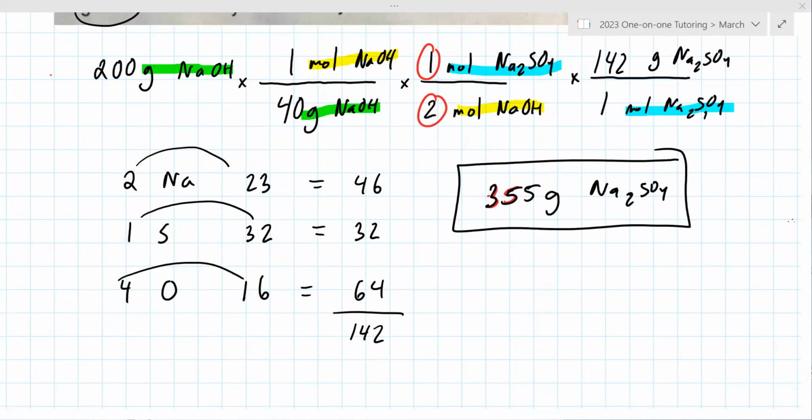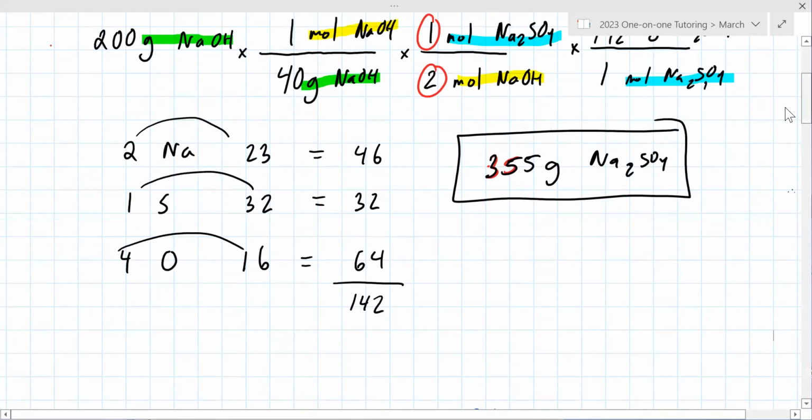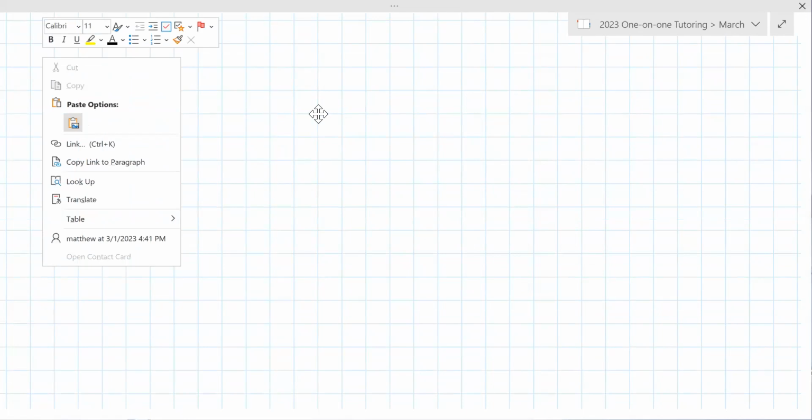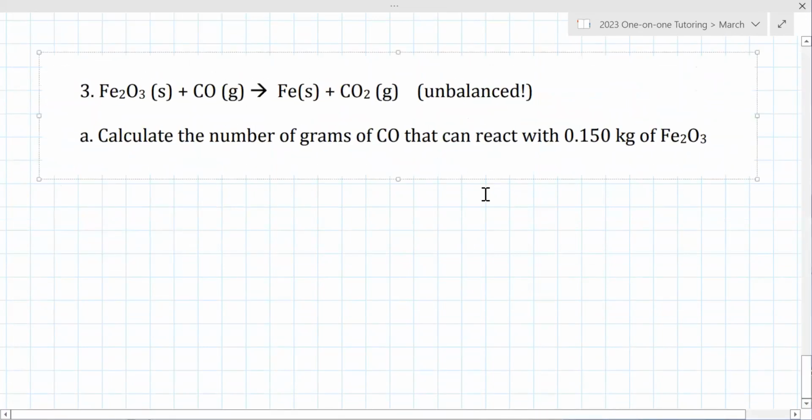All right, this one is unbalanced, so we can quickly balance it. To balance this equation, I'm gonna put a 2 here. That gets the O3 balanced. And then for O's, I've got 4 there. So if I put 2 there, that's gonna change that.